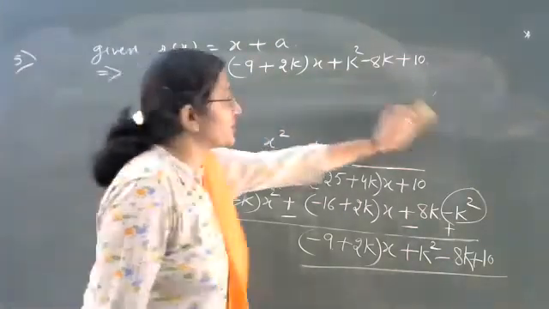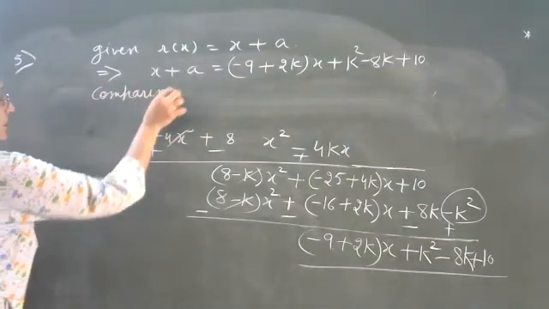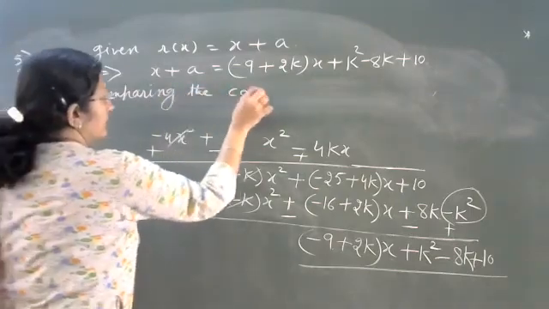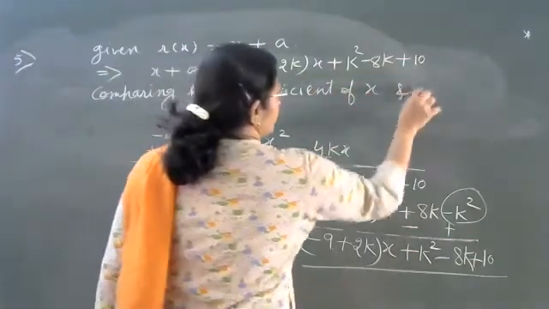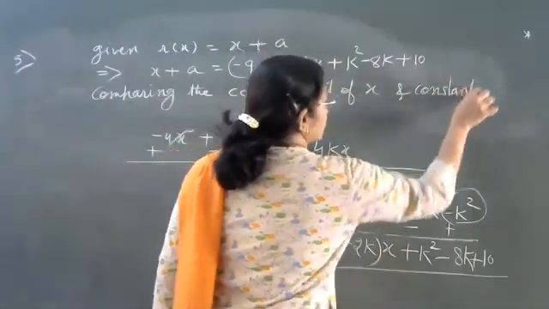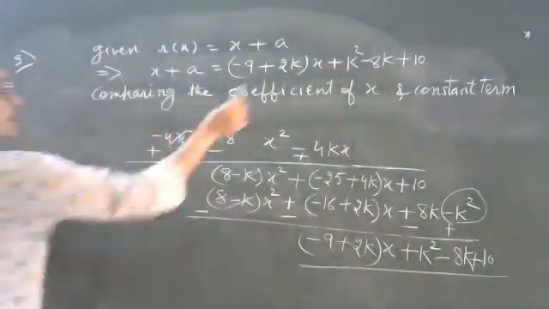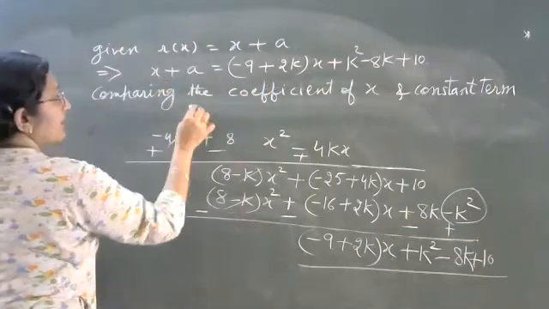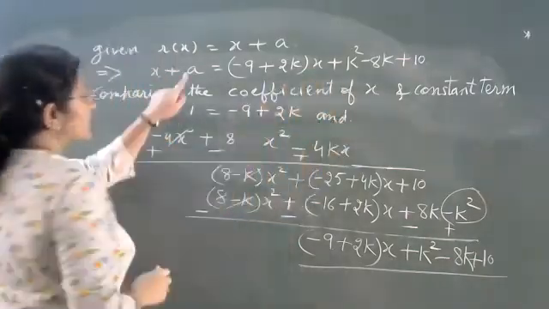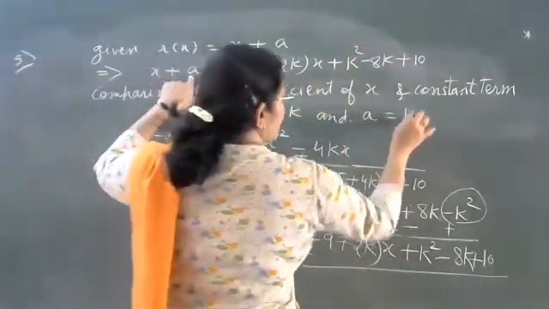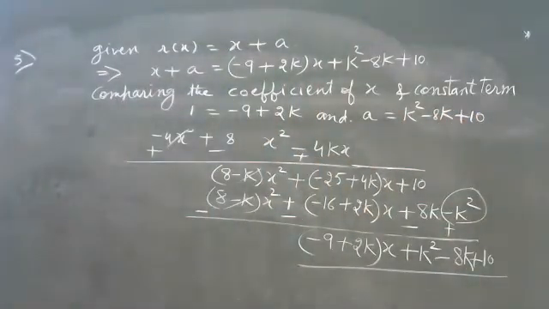Now comparing the coefficient of x and constant term. What will be there? X का coefficient यहाँ पे 1 है और यहाँ पे 1 is equal to -9 plus 2k and constant term यहाँ पे a है, a is equal to k square minus 8k plus 10. आपके पास ये दो इक्वेशंस आ गई.